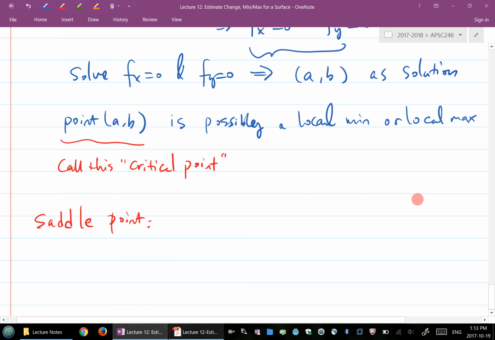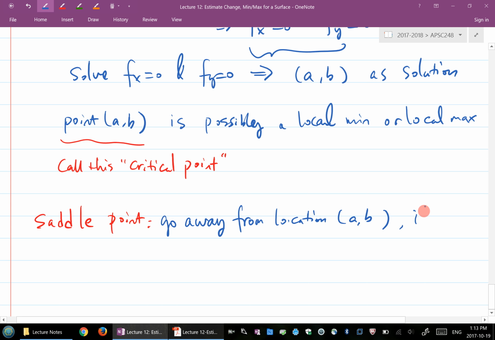Basically, the more proper definition: if you walk away slightly from this location (a, b), then there are two possibilities.